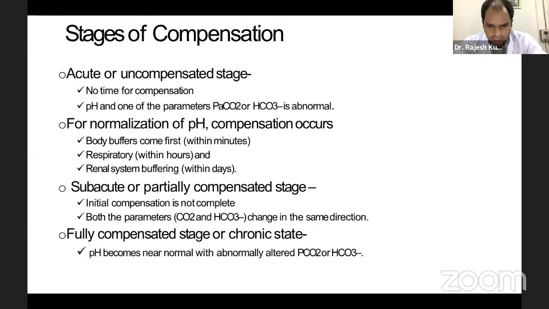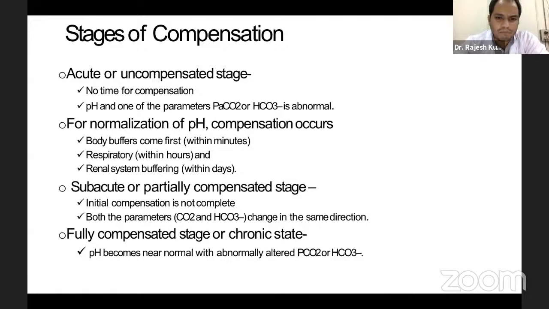Now, how does compensation occur? These are the phases of compensation. Body buffers come first, within minutes. Then respiratory within hours. And lastly the renal system, losing or conserving bicarb, within days, so it will be chronic.